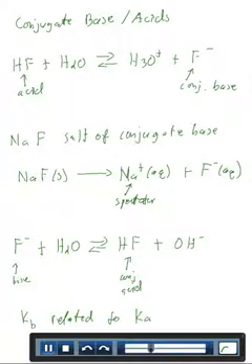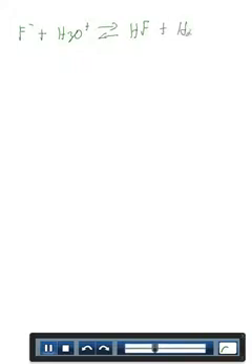Well, we can determine that by considering two separate reactions. First, let's consider the reverse of the Ka reaction with HF. So we have F- plus H3O+ in equilibrium with HF and water.